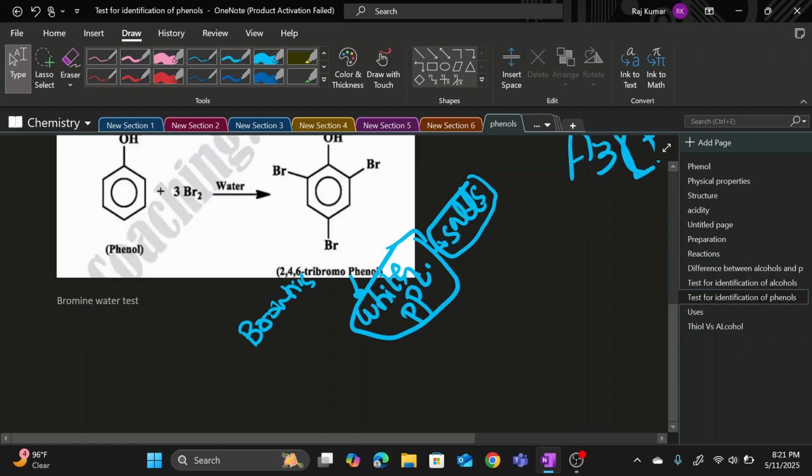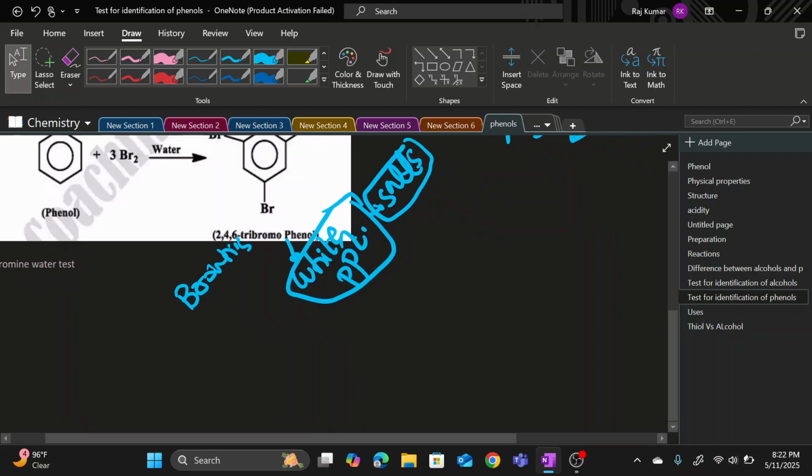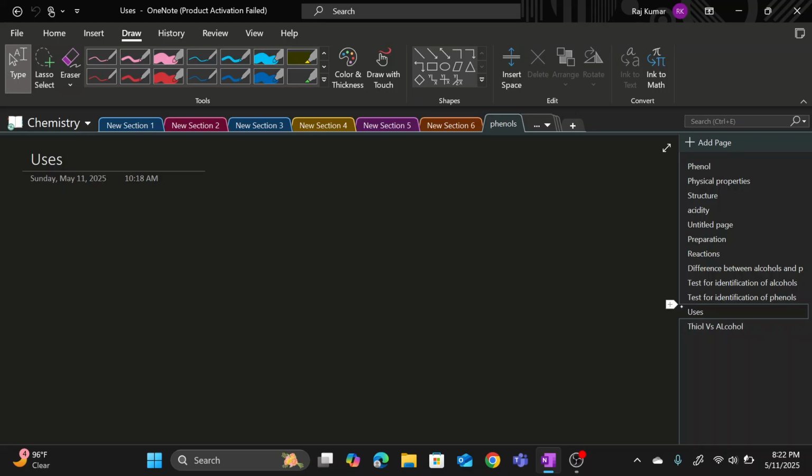When the reaction completes, the reddish brown color starts to discharge and becomes colorless, and there is a white precipitate of tribromophenol, which indicates the presence of phenol. So this is how we can identify it.